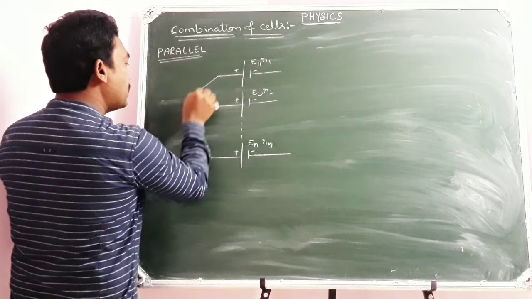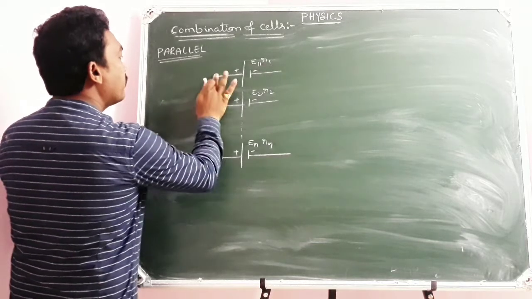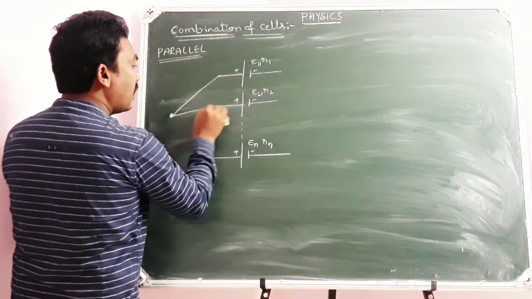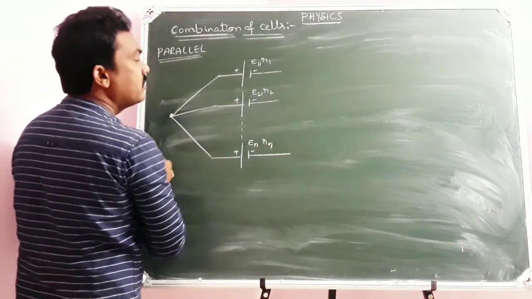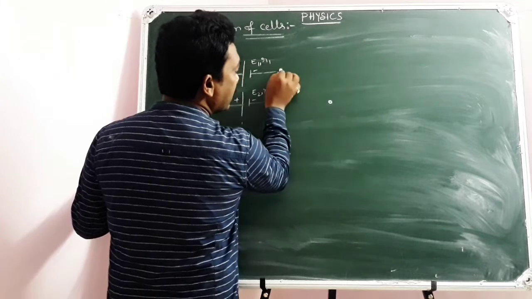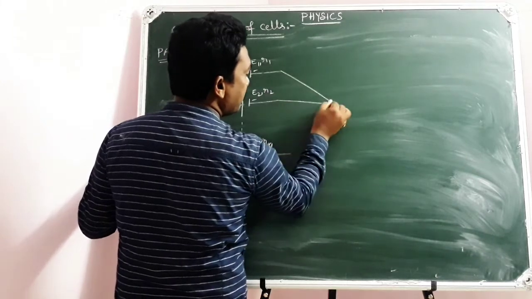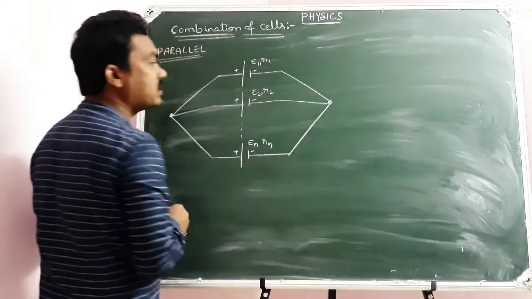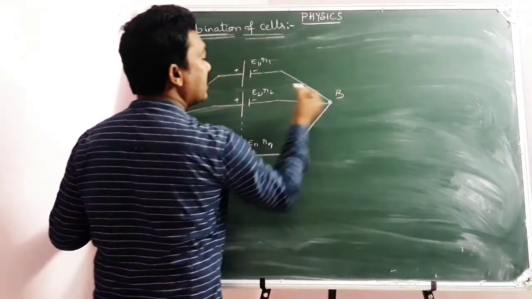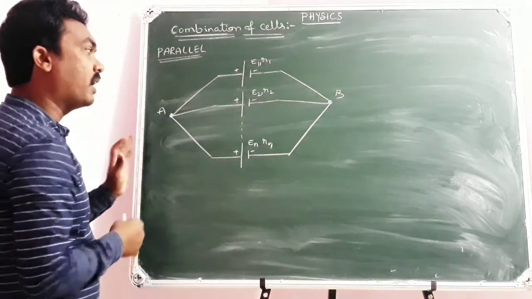So these cells are connected in parallel, as you know very well. All the positive terminals are given to one common point and all the negative terminals are given to another common point. If two or more cells are connected between two common points, then the cells are said to be in parallel.